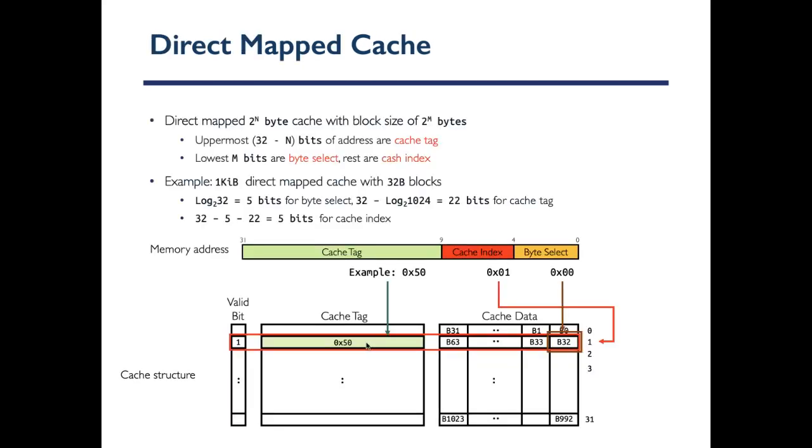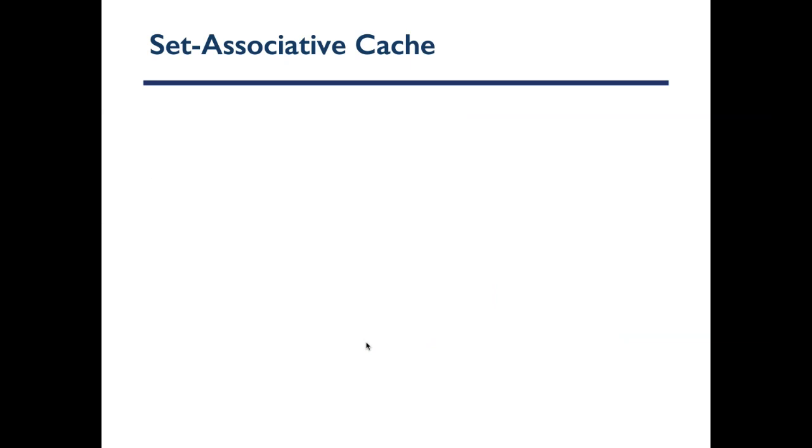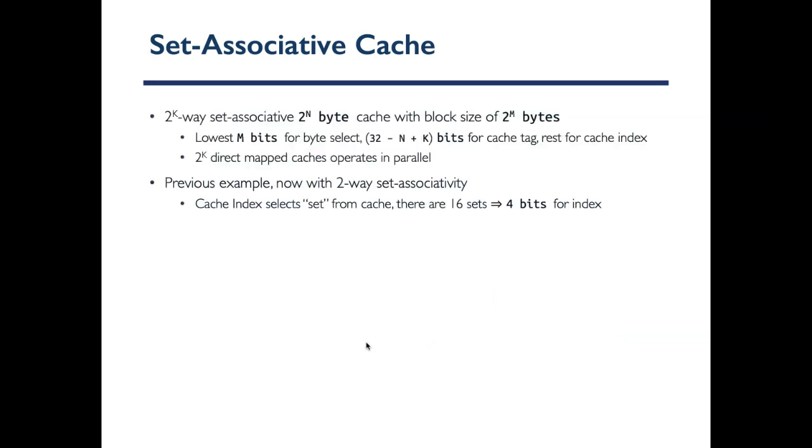Now, let's do the same example with set associative cache. With set associative cache, let's say I have 2 to k way set associative, and let's still say the capacity is 2 to n, and the size of each block is 2 to m, so I haven't changed those. So I still need m bits for byte select.